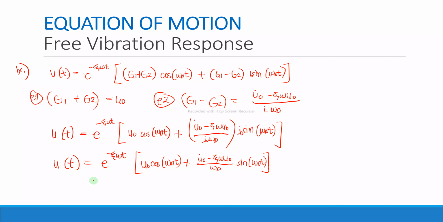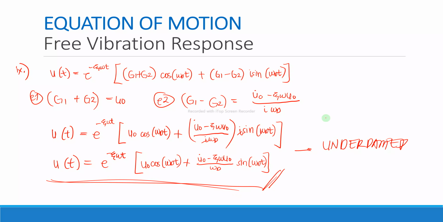So this will be our general solution for the underdamped free vibration response.